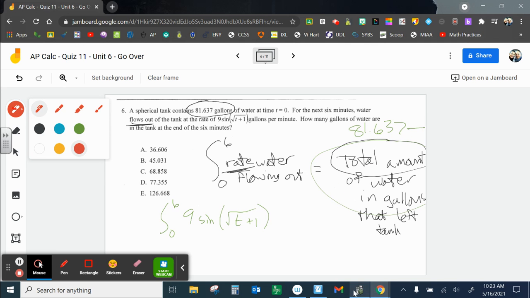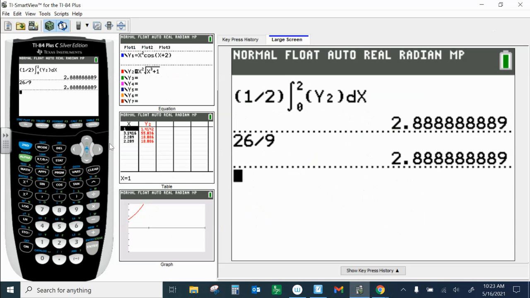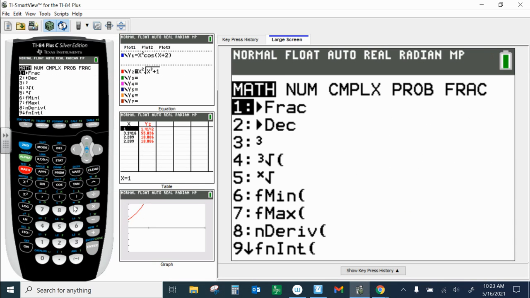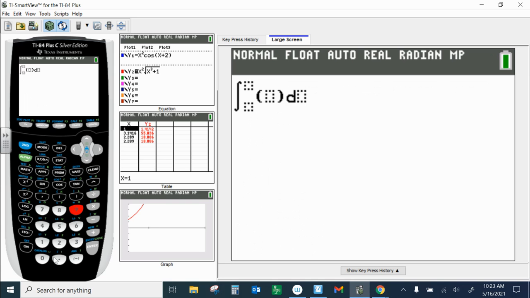So let's get our calculator out. It's kind of nice with our calculator working. I'm just going to do it right on the home screen. So math, choice 9. We said for 6 minutes, 0 to 6.